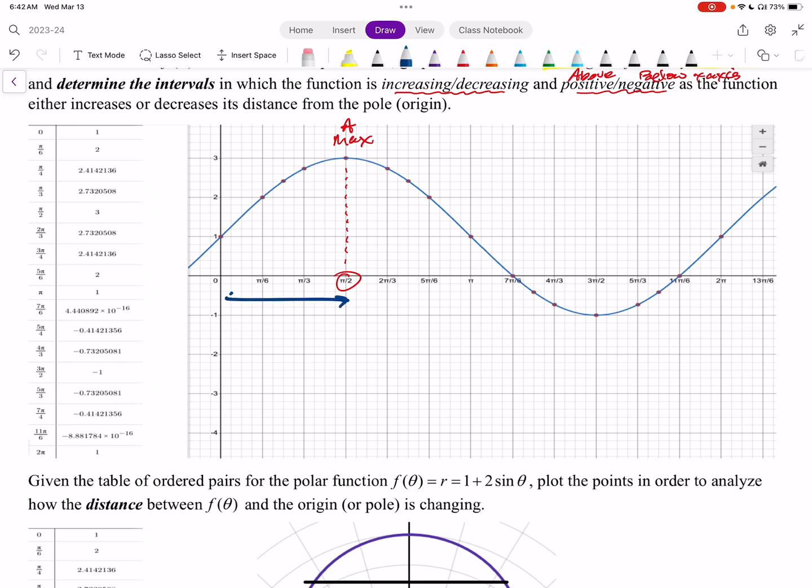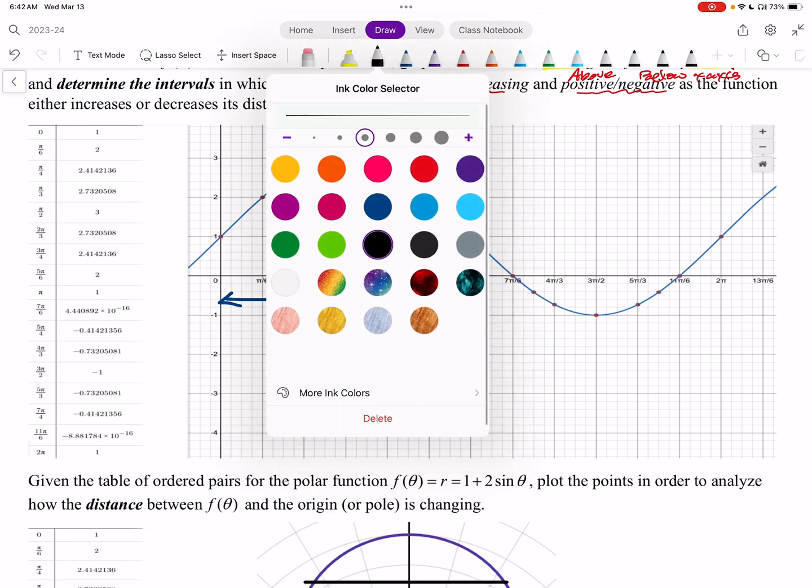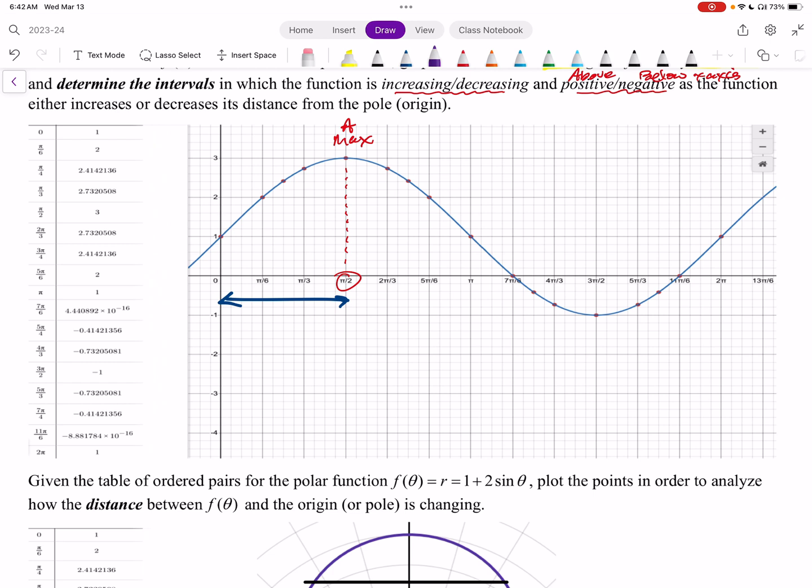from 0 to 2 pi, let me decrease the size of all my colors here. Okay, so from 0 to pi halves, the function is going up. Look at this, it's going up, right? And that means the y values are increasing. And notice that it's above the axis.